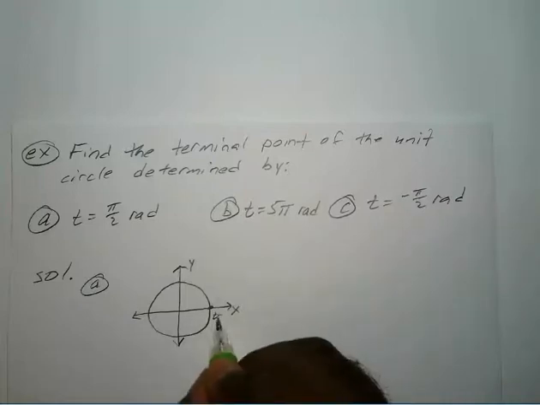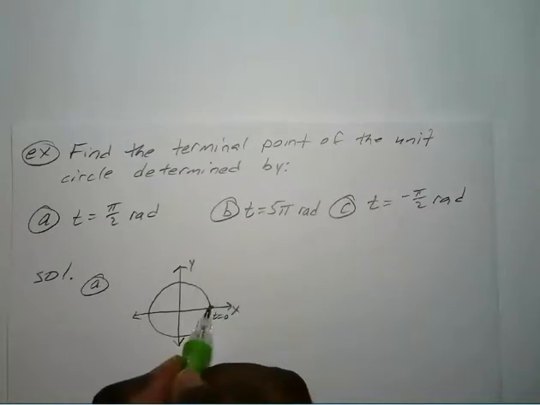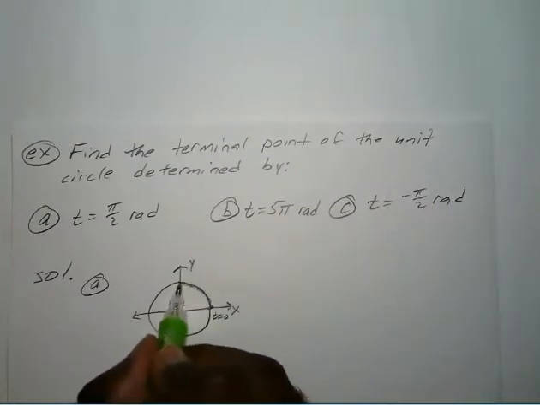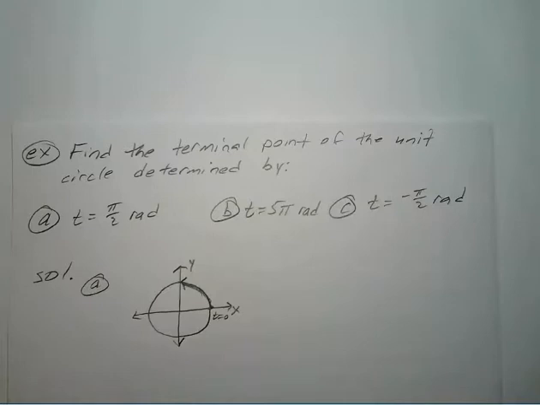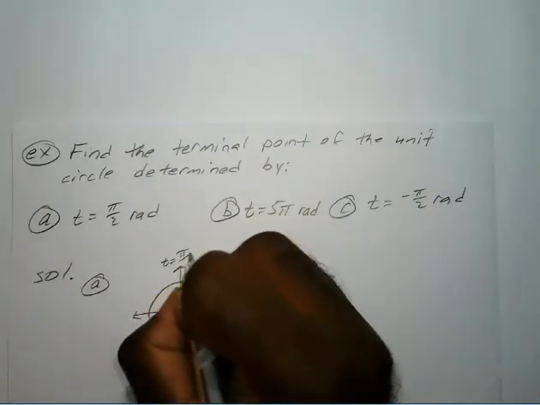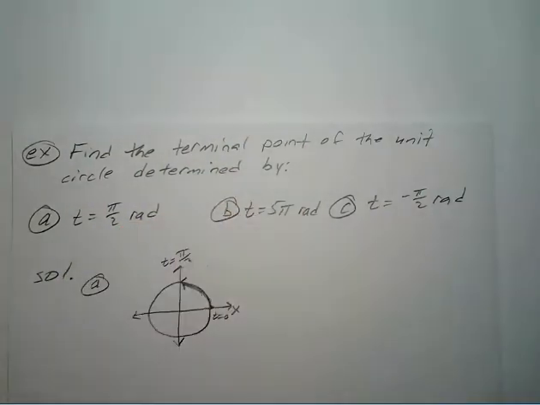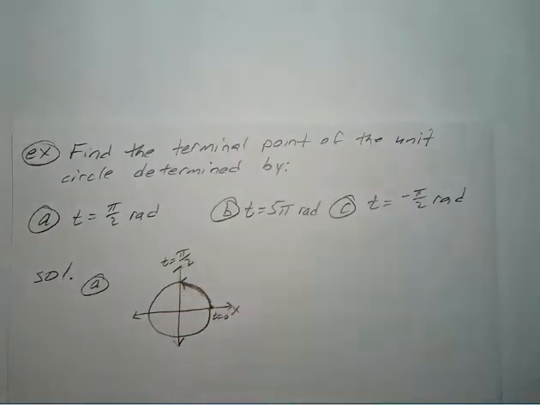And pi over 2, remember, starts here and goes up to this point. That's your pi over 2. Okay, so that's your t equals pi over 2.